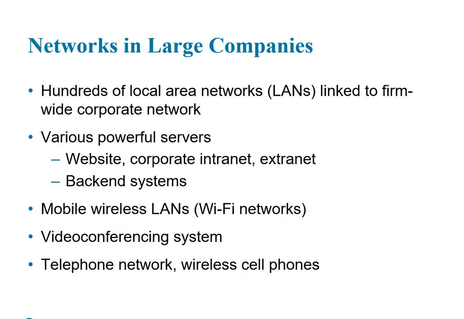Now, this slide looks at the additional components you might expect to find in the network of a large company that has many locations and maybe thousands of employees. Today's corporate network infrastructure is really a collection of many networks, from the public switched telephone network to the internet, to corporate local area networks, or LANs, linking work groups, departments, or office floors.